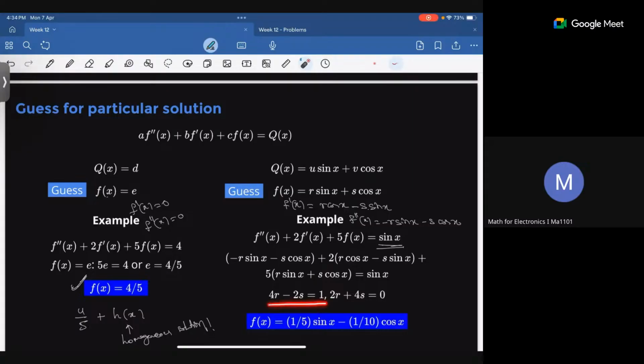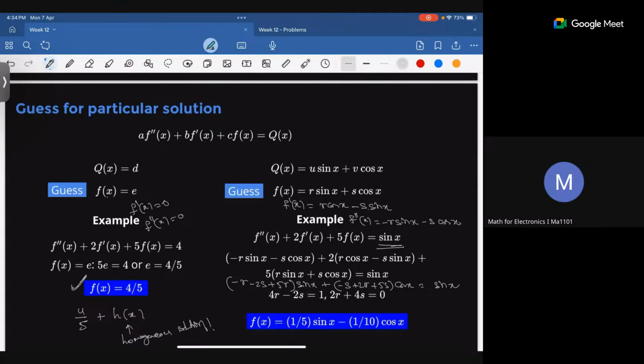So if I write it down: minus r sin x minus 2s sin x plus 5r sin x, that is minus r minus 2s plus 5r times sin x, plus minus s plus 2r plus 5s times cos x, equals sin x.